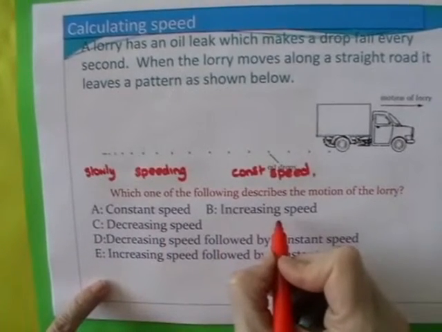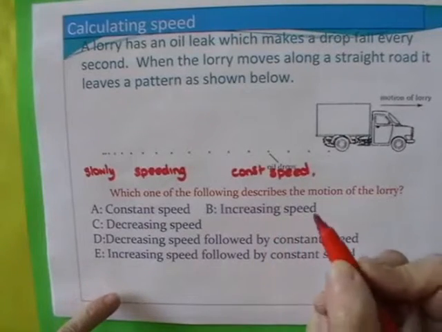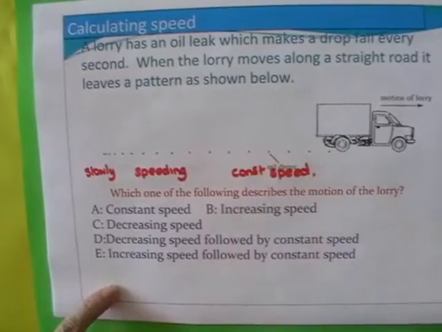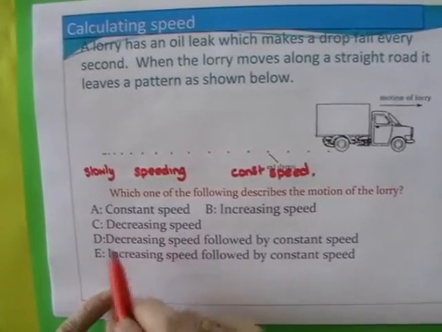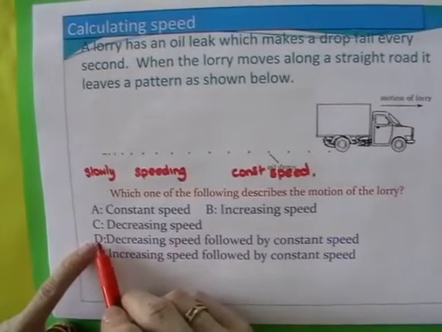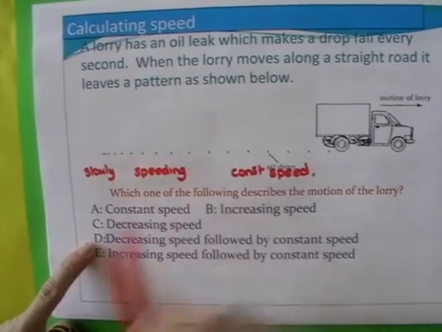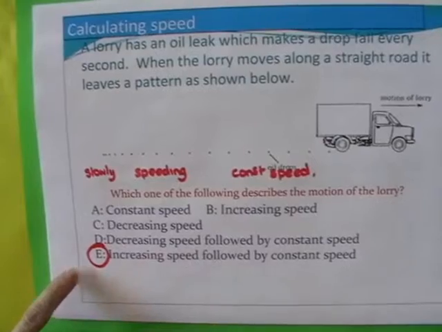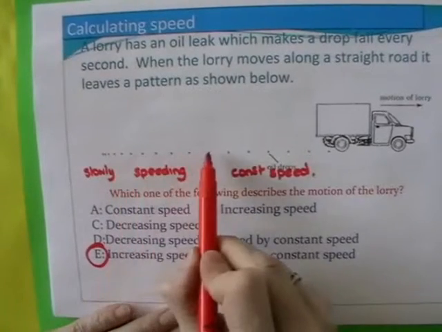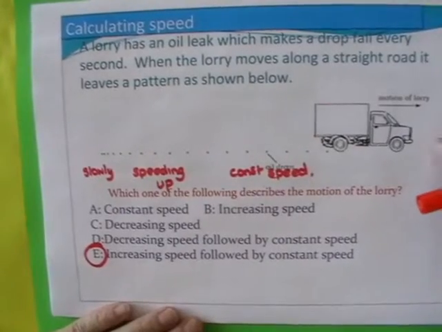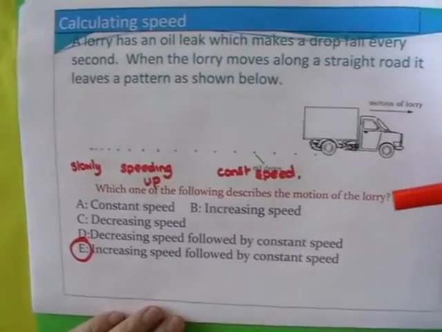Yes, it has an increasing speed, but it doesn't stay at an increasing speed. Eventually these dots get equal distances apart. So that rules out A, B and C. Definitely D is also ruled out. It's not decreasing, it's definitely increasing as the dots do get further apart. And so the answer there must be E. An increasing speed, I should have written speeding up there, followed by a constant speed. So there's acceleration in there.